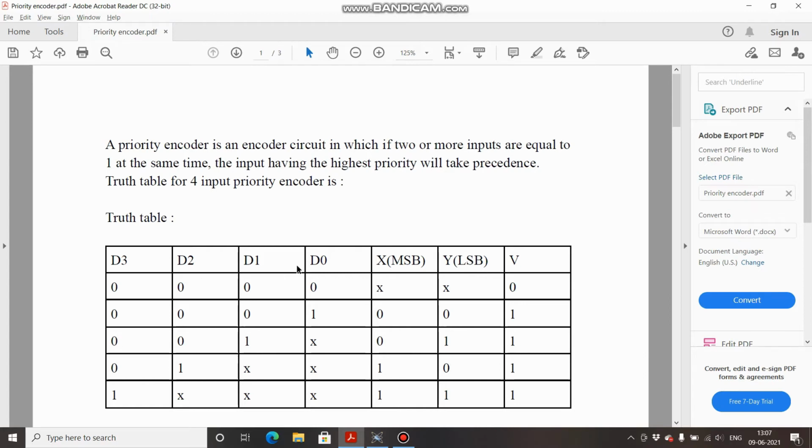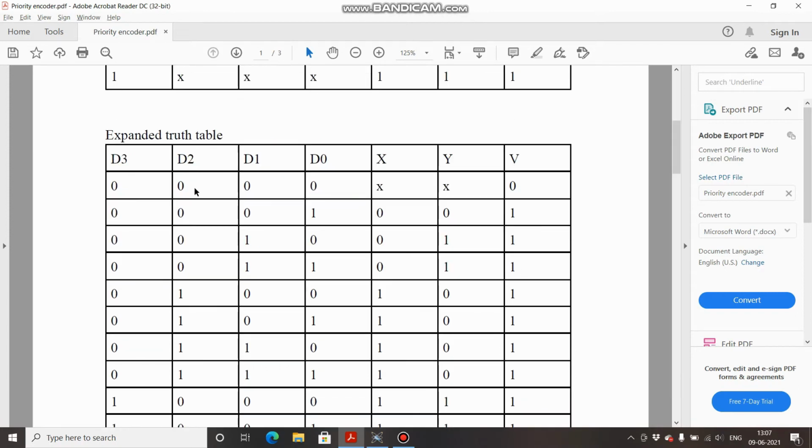D1 and D0 are don't care for D2, because when D2 is selected, D1 and D0 will not be affecting the output at all. So it's represented as 1 0. Then coming to D3. When D3 is high, all the other inputs, no matter high or low, are represented as don't care conditions, and the output is going to be 1 1, which represents 3, and V will be high.